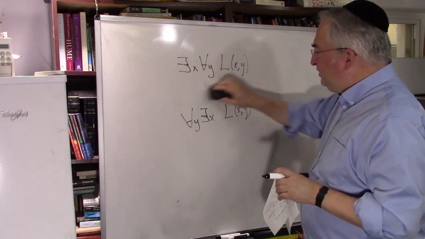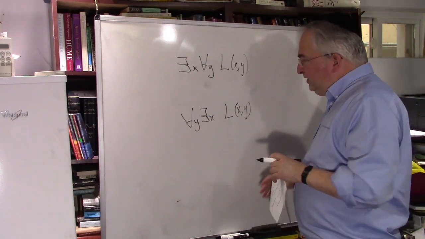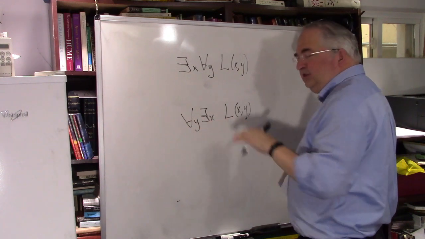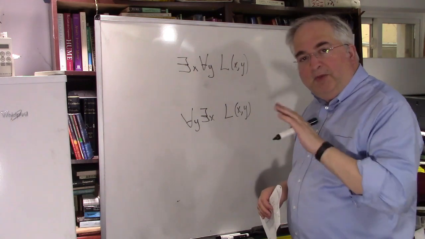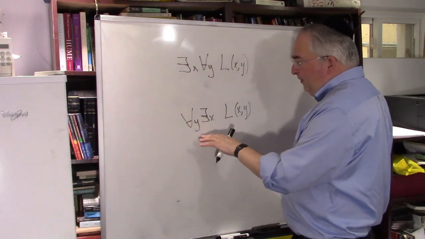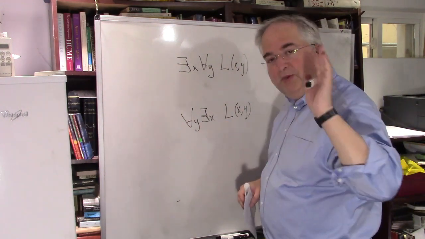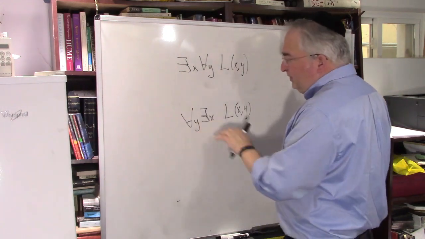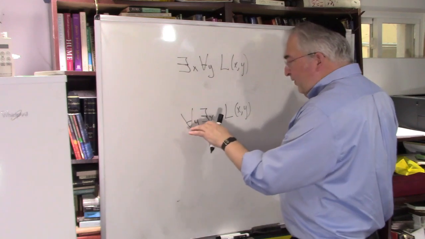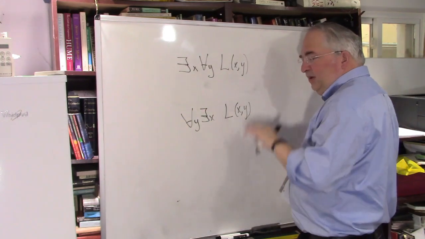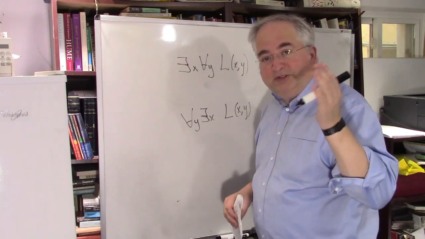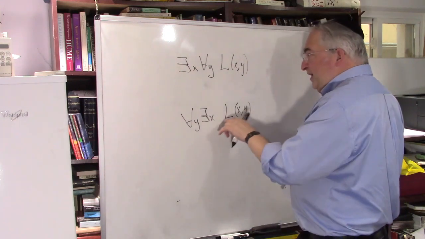This is the same thing as this, but we switched the order. What does this say? This says, for every person, there's someone who loves them. Now this is true. No matter who you are in life, your mother loves you. You can be a mass murderer, you can be Jeffrey Dahmer, your mother's going to come visit you and tell you, oh, you sweet little boy. So every person has someone who loves them. No matter what you do to your parents, they still love you.